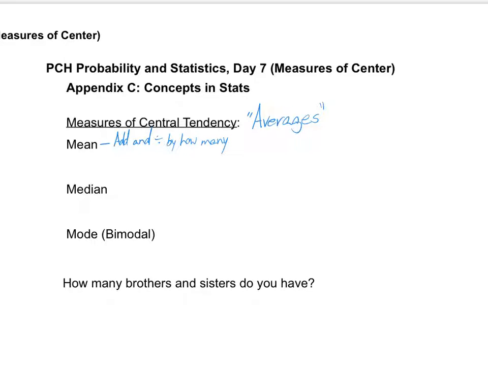Now, when you do that, you're actually finding the center as it relates to distance, or by distance. Now, you might say, well, what does that mean? Well, let's take a look at this.